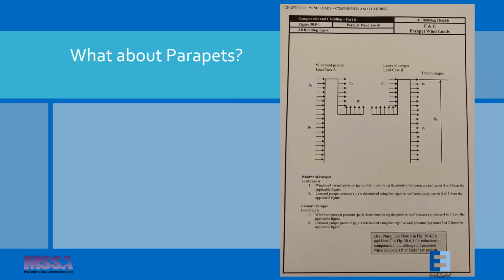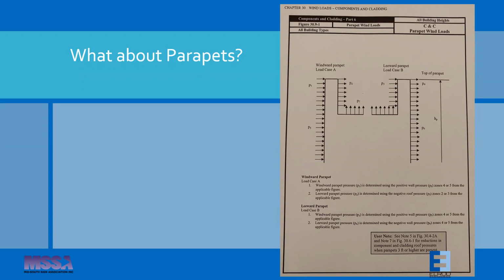This is an example of a parapet situation where basically you can see windward and leeward. These are the wind pushes and pulls on a sign. And so if it's down low below the parapet, you have one condition, this P5 condition. If you're up on a parapet, P1 is a higher wind load that's pushing on the sign, and there's a P2 that sucks on the sign, even if it's on the other side of the parapet.